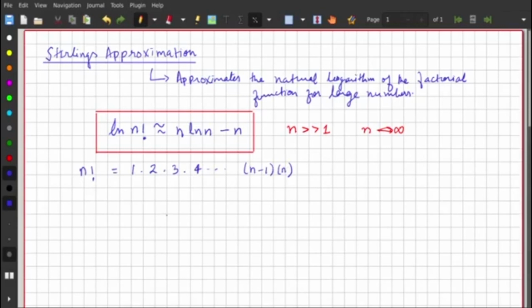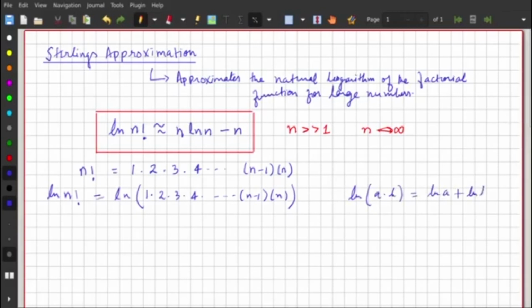Okay, and if you take the logarithm of this, you get log of n factorial, which is basically log of the product of all the natural numbers till n. Okay, and if we use the identity that the log of a product of two quantities is equal to the sum of their logs, the product becomes additive.